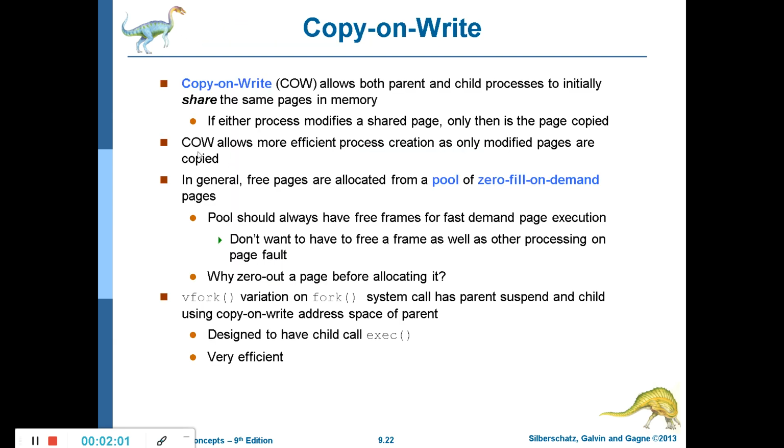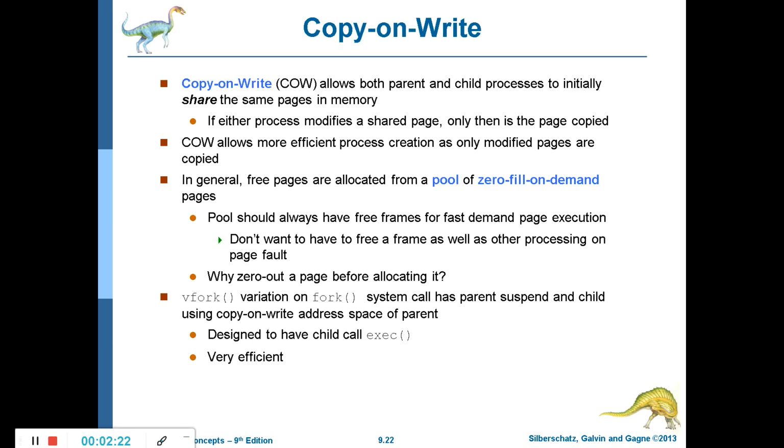Copy on write allows more efficient process creation as only modified pages are copied. Only modified pages have to be copied, otherwise the first two pages, page A and page B, don't have to be copied. So that is the saving of space.